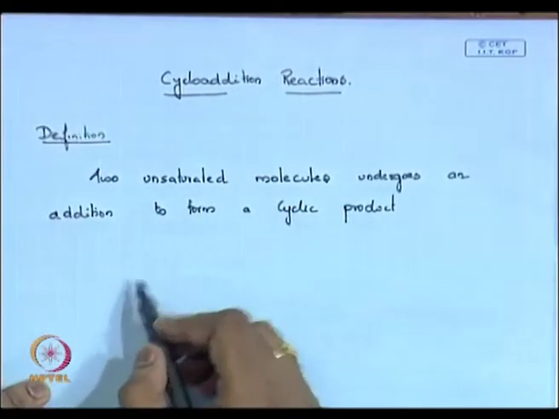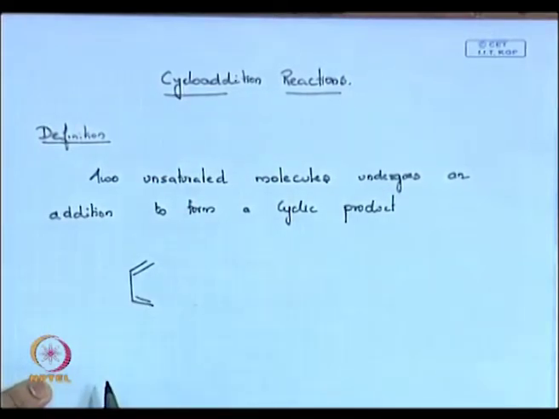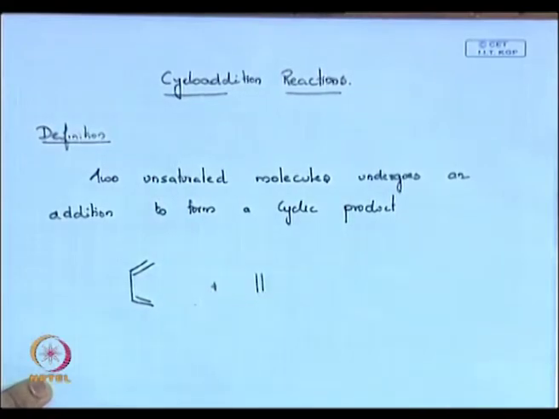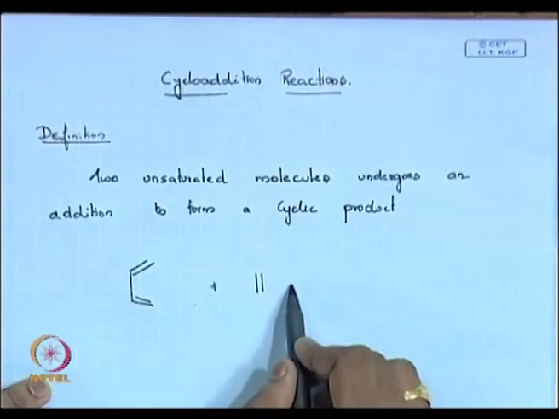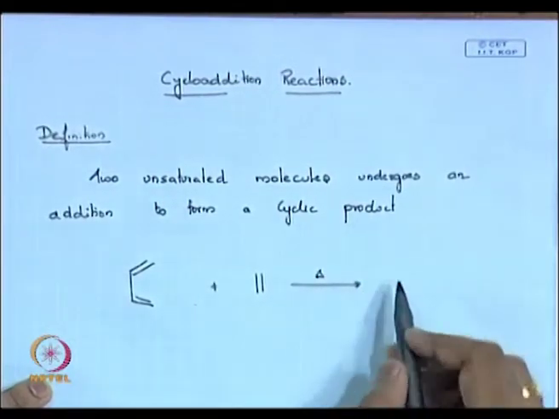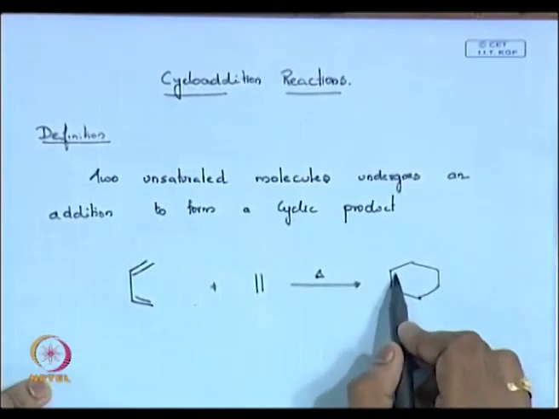The best example is that you take an unsaturated system like a diene, and another unsaturated molecule, an alkene. If you heat this reaction, it forms a cyclic product.